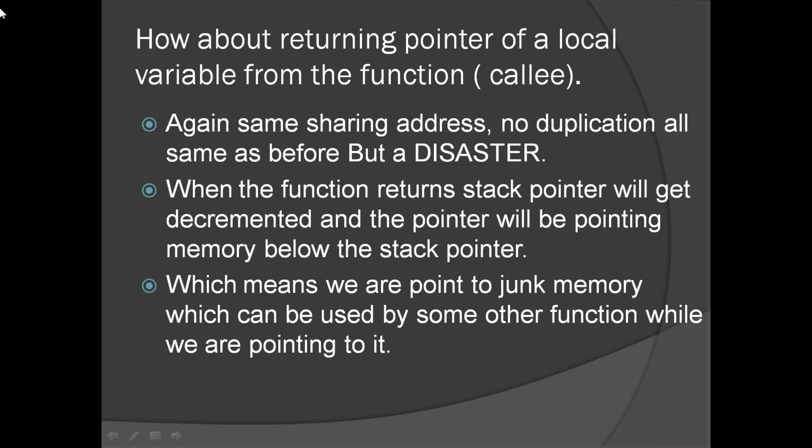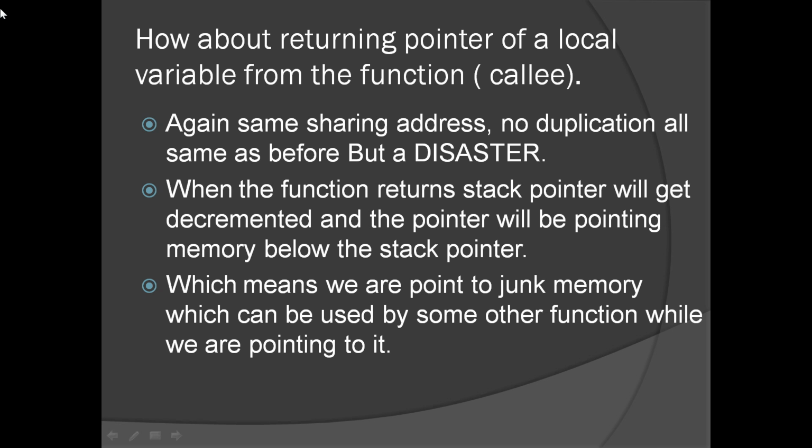If the stack is unwound, there is no point pointing below it. It can be used by any function. So the bottom line is never ever return an address of a local variable from the callee to the caller. We are allowed to pass caller to callee local variables, not from callee to caller.